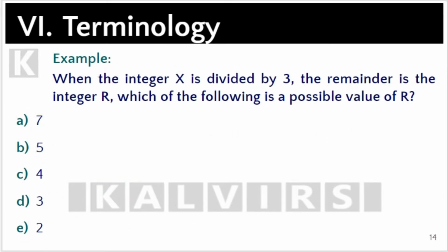When the integer x is divided by 3, the remainder is the integer r. Which of the following is a possible value of r? So, according to the division formula, x is the dividend, 3 is the divisor, there is a quotient, let q be the quotient, and the remainder is r. Here, we need to keep in mind that the remainder is always less than the divisor.